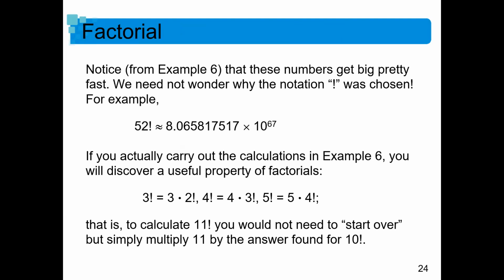I guess that's why they use the exclamation mark for the notation of factorial. Because 52 factorial is so big that it is around 8.0658 times 10 to the 67. So if you actually carry out that calculation, you will arrive at a very large number.